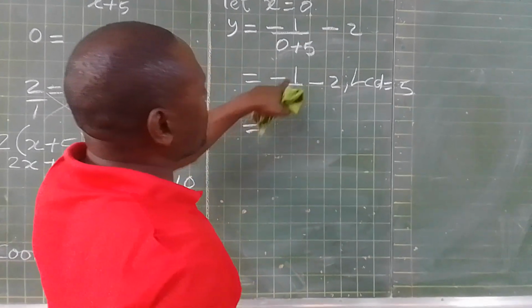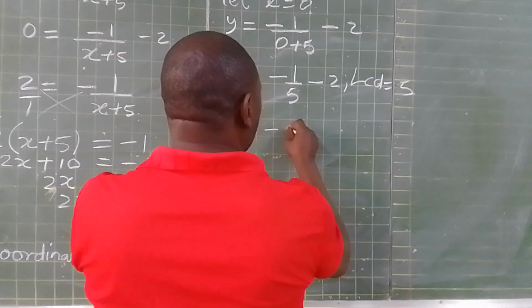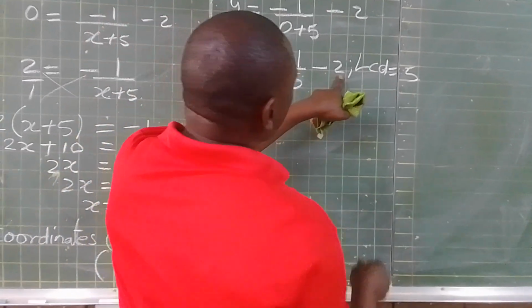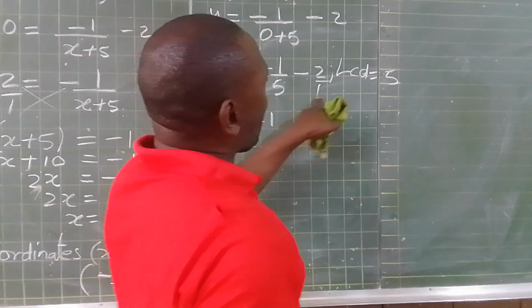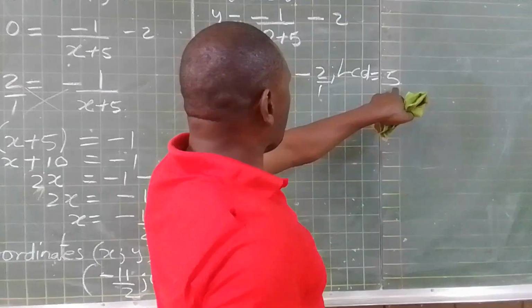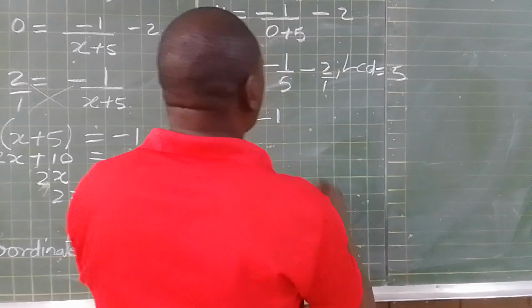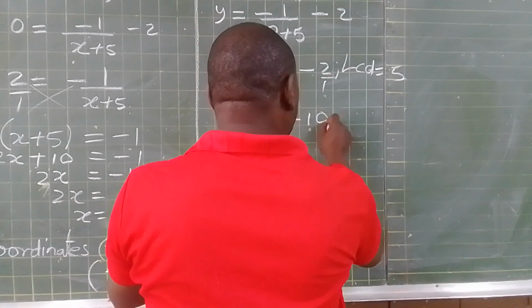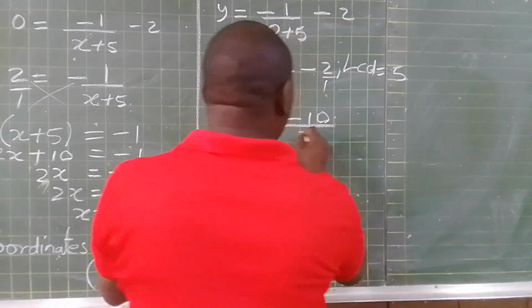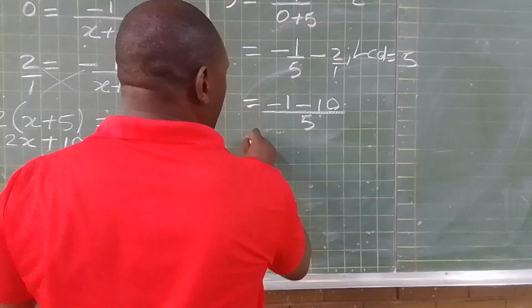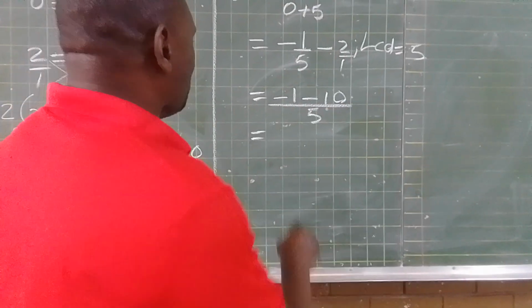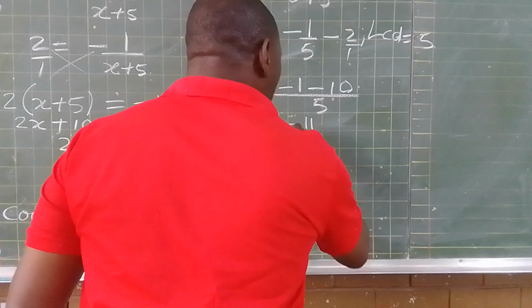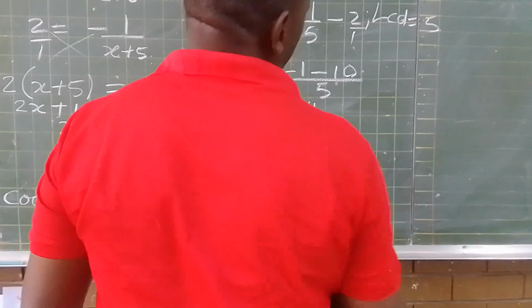Goes once, 1 times minus 1, it's minus 1. Here, your 2 is standing on its own, so it's over 1. 1 goes how many times into 5? It's 5. 5 times minus 2, it's minus 10. All over 5. A minus 1 and a minus 10 give you a minus 11 over 5.